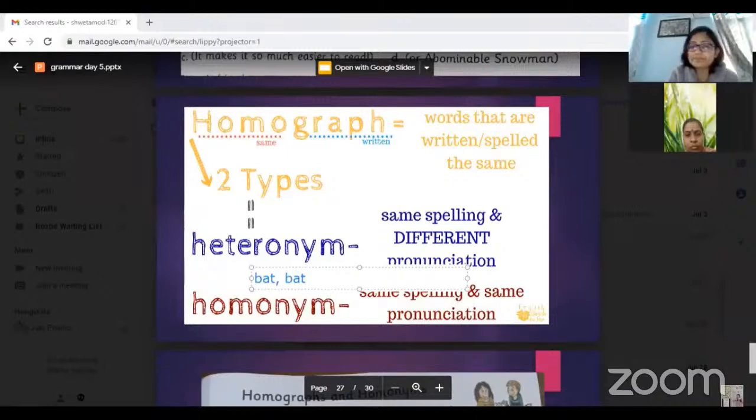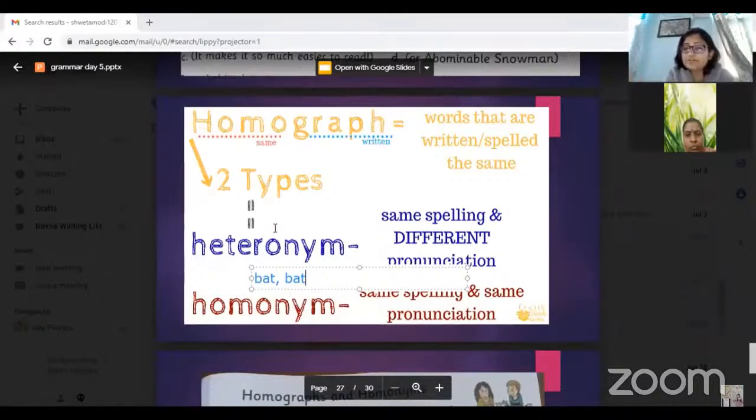Another bat, the bird. Ma'am, match. One match is the matchstick, another is the match we play. Yes, the match which we play. And one match is to match the column. So match and match. Same spelling, same pronunciation, but different meaning.